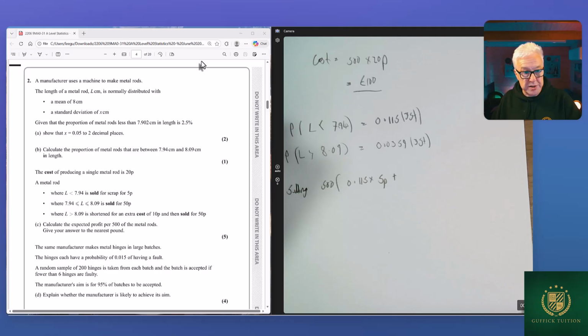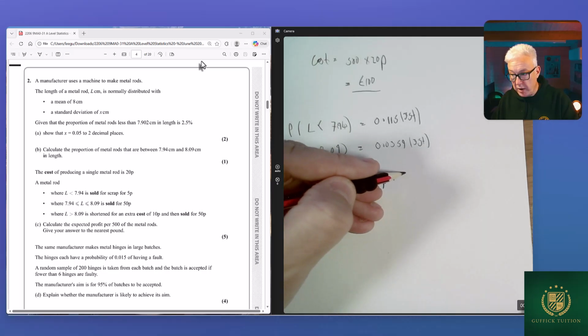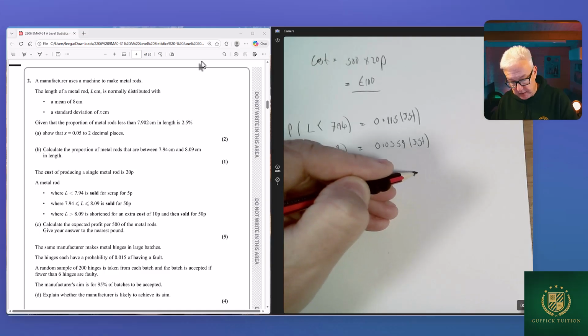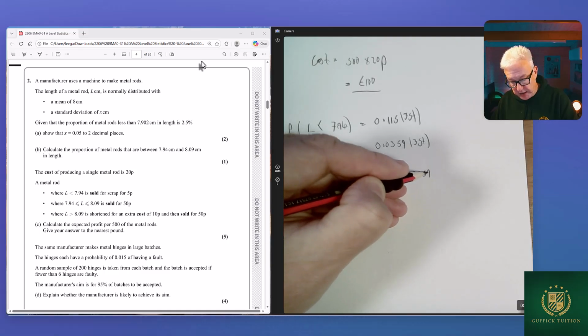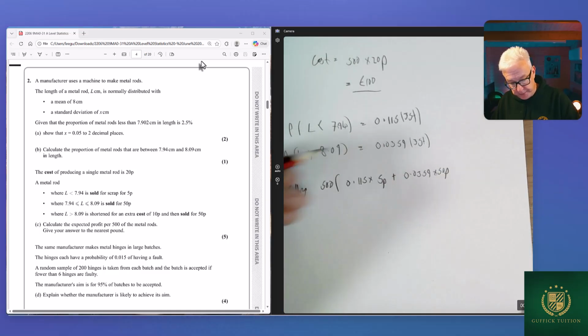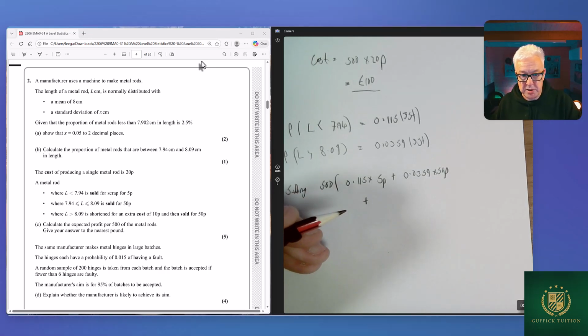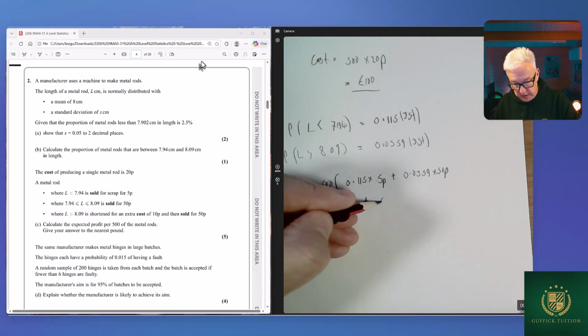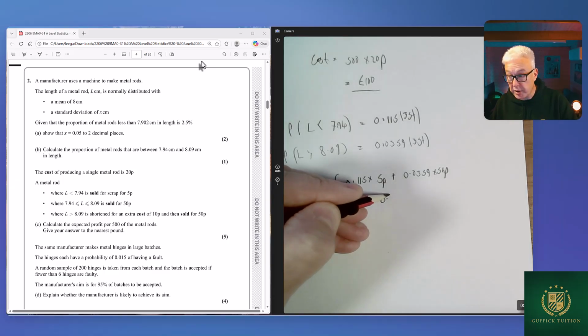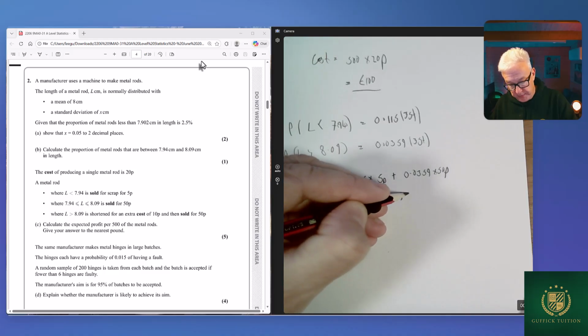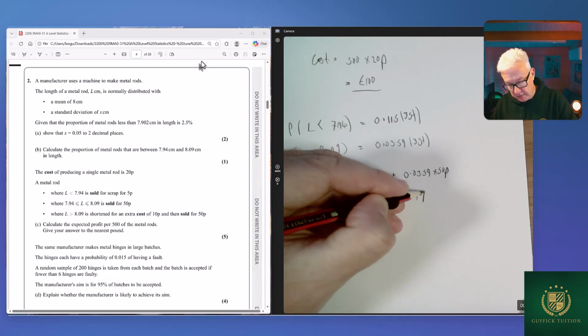Then the ones in between 7.94 and 8.09 have a probability of 0.0359, and they're sold for 50p. Then the ones longer than 8.09 cost us 10p to shorten and are then sold for 50p, so that's a profit of 40p. So that's 0.359 times 40p for those ones.